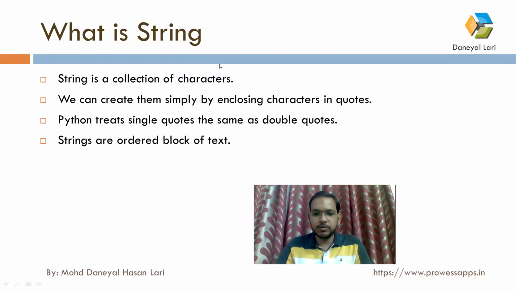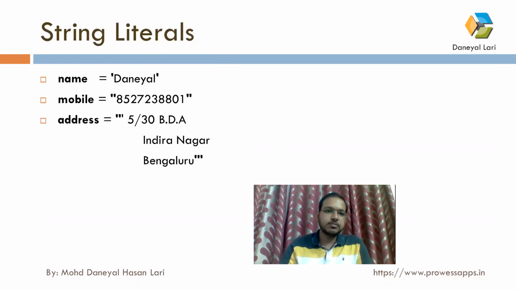So this is the meaning of ordered. So strings are ordered, it means it will be based on the index. We'll see which types of index are available in Python also.